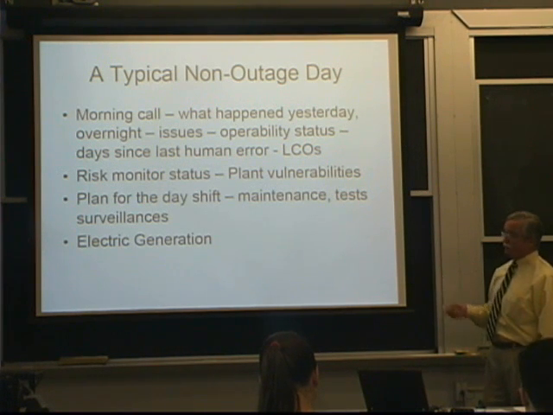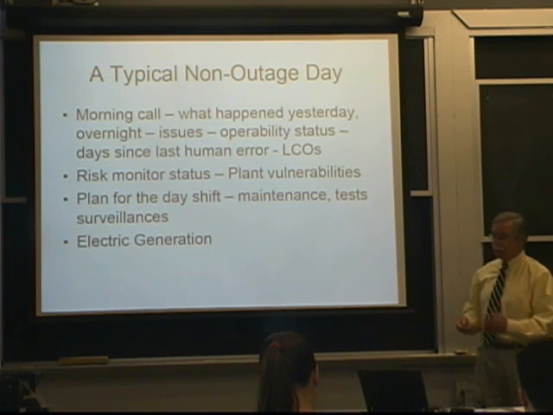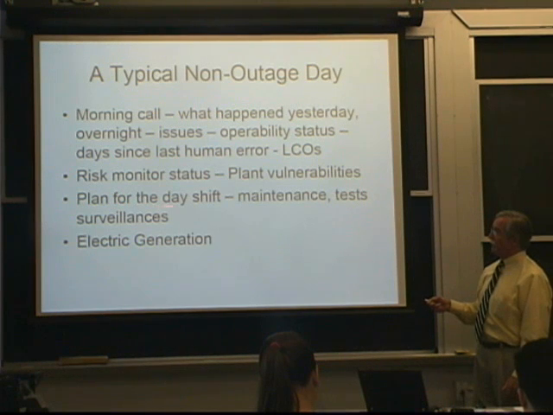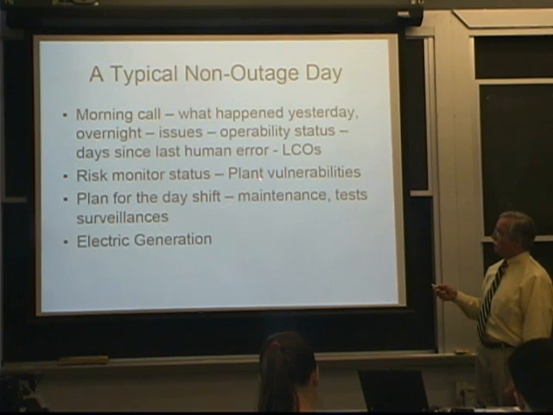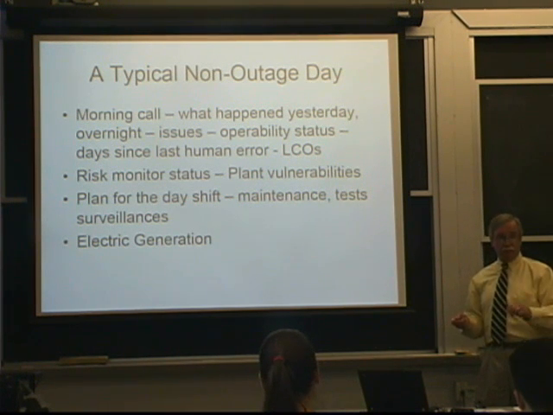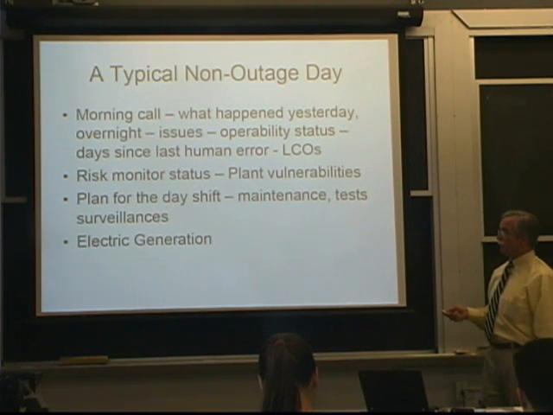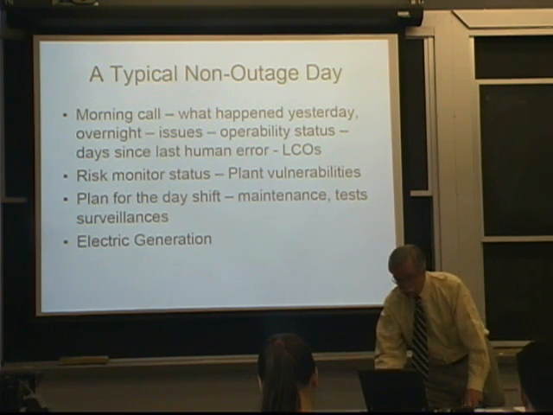Then with the risk monitor, they look at the plant status based on what's operable and what's not operable, and they make adjustments. And then they establish a plan for the next shift, what maintenance and tests are being done. They'll update the risk monitor to acknowledge that this equipment will not be available, and that risk monitor will tell them there are certain things to be aware of. And they go obviously into the electric generation.